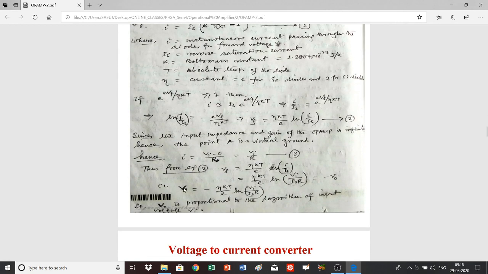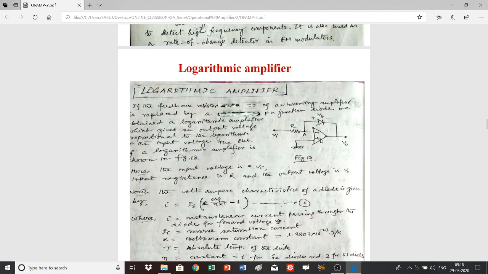So finally you get V0 is equal to minus ηkT by e log(Vi by Is R). From this relation you can easily say that V0 is proportional to the logarithm of the input voltage. So the op-amp can be applied as a logarithmic amplifier in this way.